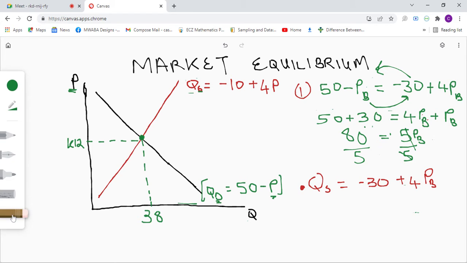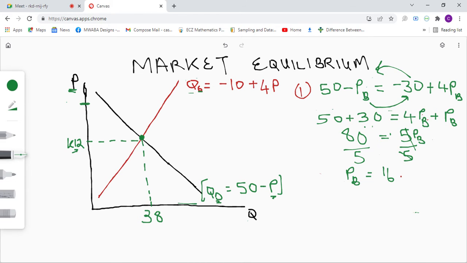So the price that the consumers are paying, PB, equals 80 divided by 5, that is 16. So initially, before the tax was added, the consumers were paying 12 kwacha and the suppliers were also receiving 12 kwacha.